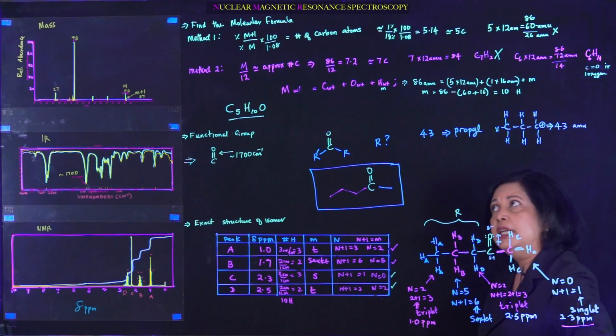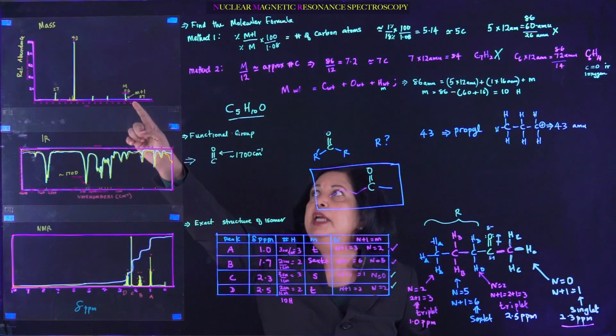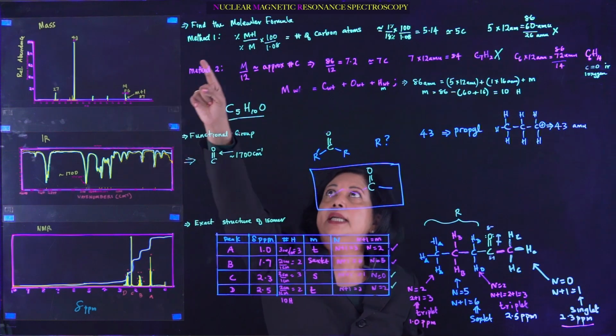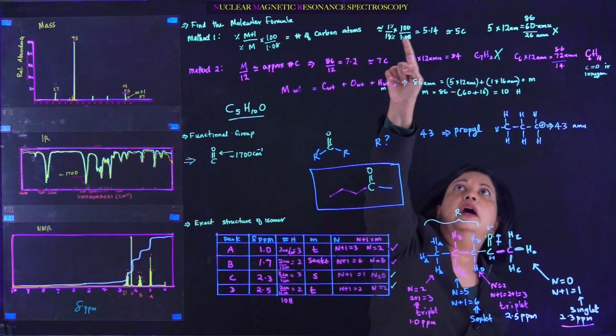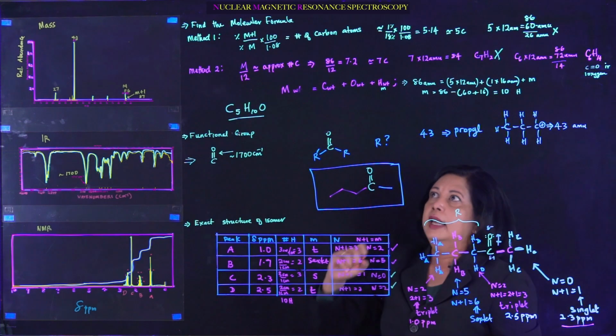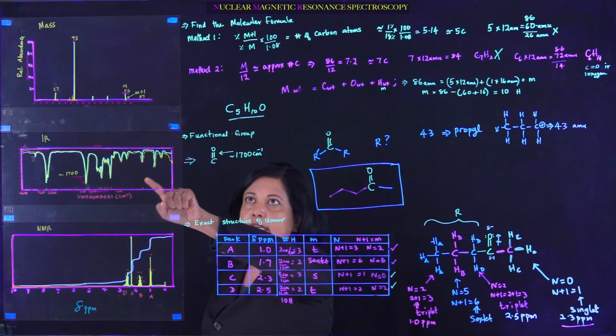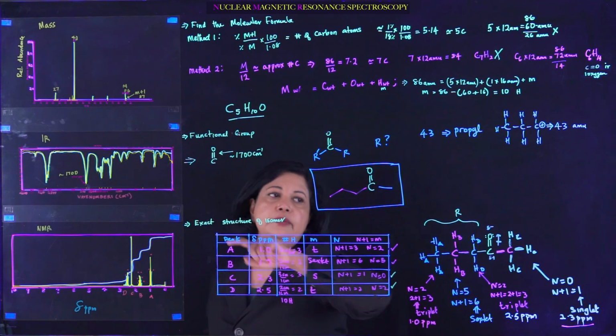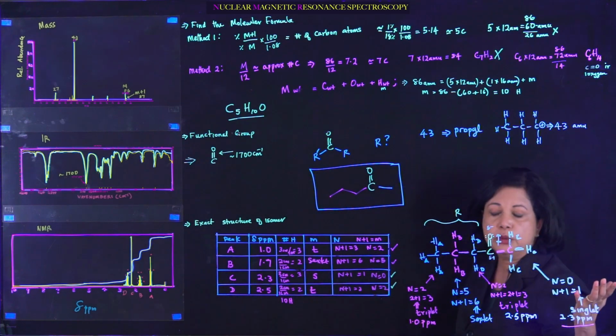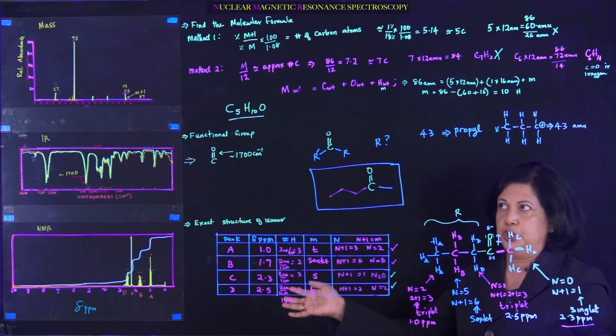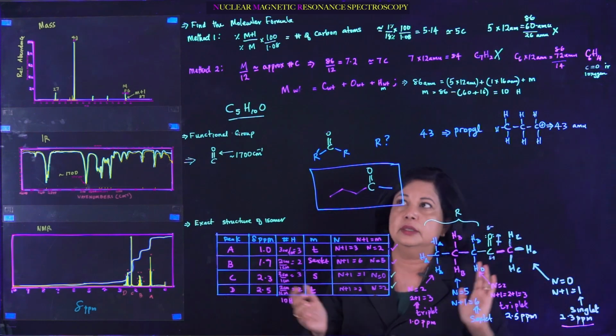So in summary, if you have a mass spec, you can use that M and M plus 1 data here to find the number of carbon atoms. Now, if you also have an infrared, that can give you the functional groups, so that would tell you information about heteroatoms like oxygens and nitrogens and sulfur and so on.